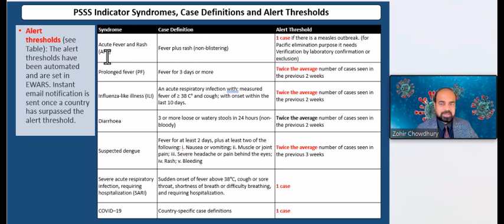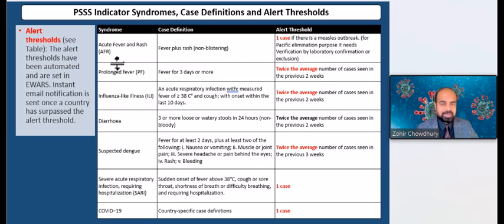In this case, for example, just a single case of AFR would give you an alert. Twice the average number of PF, or prolonged fever, within a 2 week period would give an alert. And twice the average number of cases of influenza-like illness seen in the previous 2 weeks would give you an alert, and so forth.